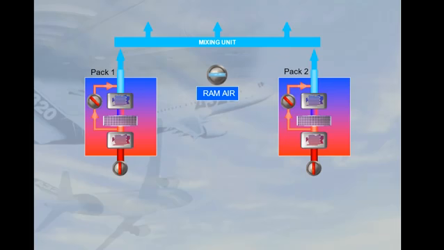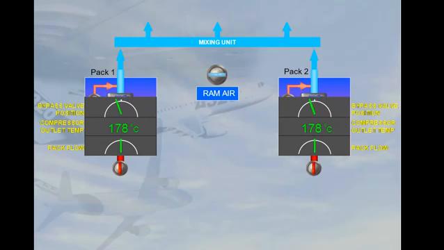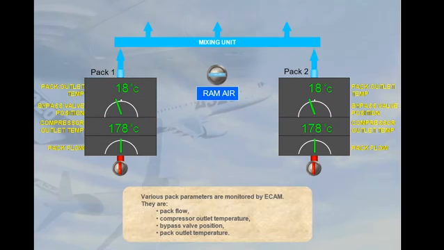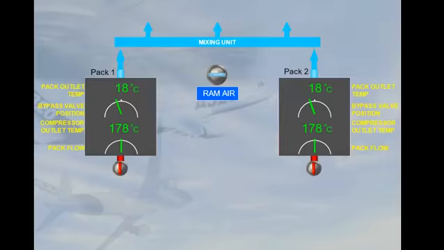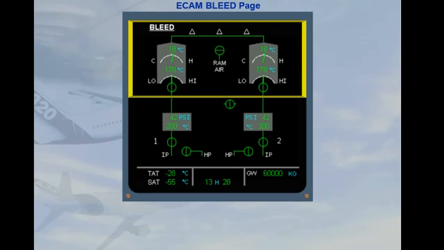They are pack flow, compressor outlet temperature, bypass valve position, and pack outlet temperature. These parameters, along with the valve positions, are displayed on the upper part of the ECAM bleed page.